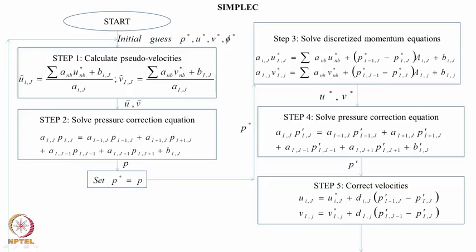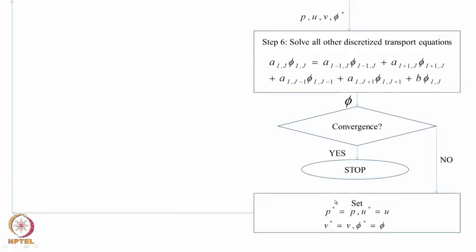So you solve the discretized momentum equation, you get U star, V star, then you set the pressure correction equation. So P prime is obtained through the pressure correction equation solution, and then velocities are corrected. So you have two additional steps introduced in SIMPLEC when compared to SIMPLE. This is followed and you get P, U, V and any other scalar.